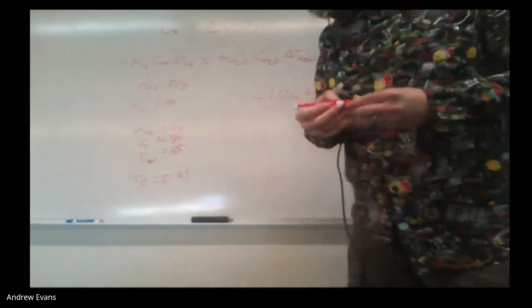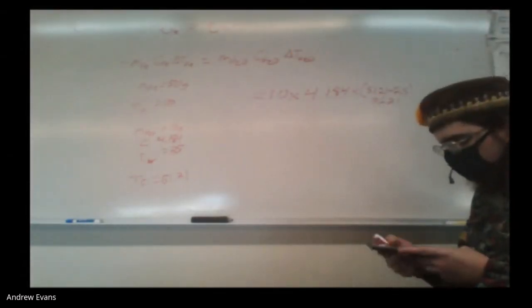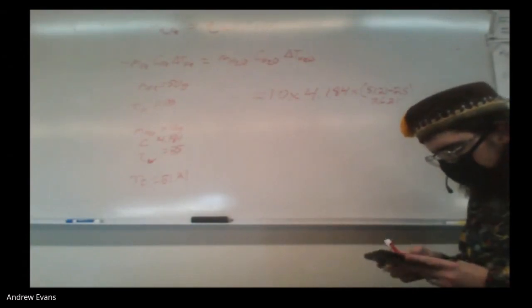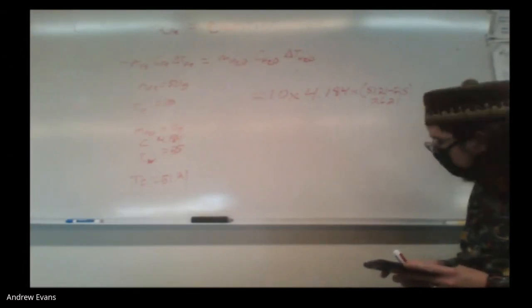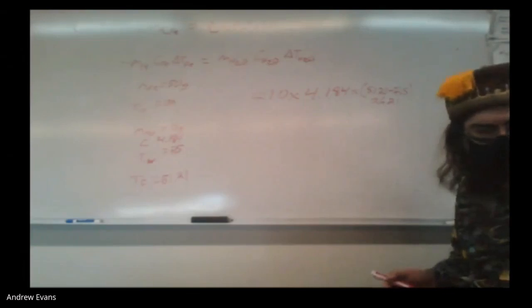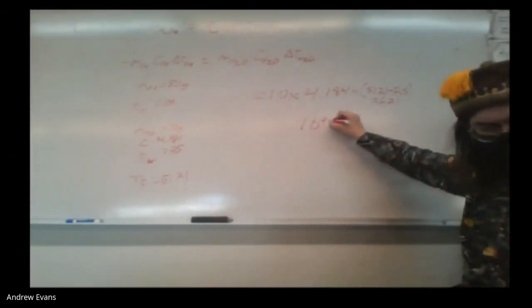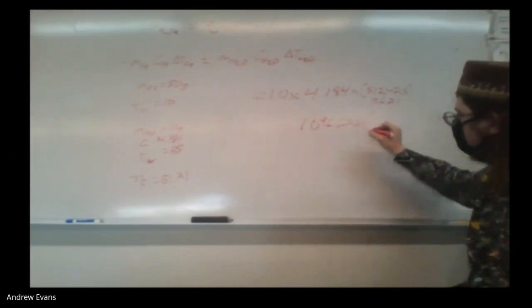So the heat of water is going to be how many joules? How many joules did the water absorb? 10 times 4.184 times 26.21. It absorbed 1096.6264. Okay.